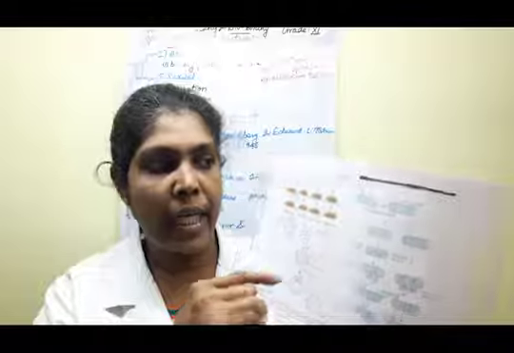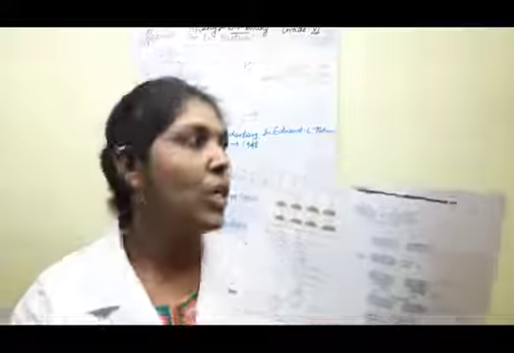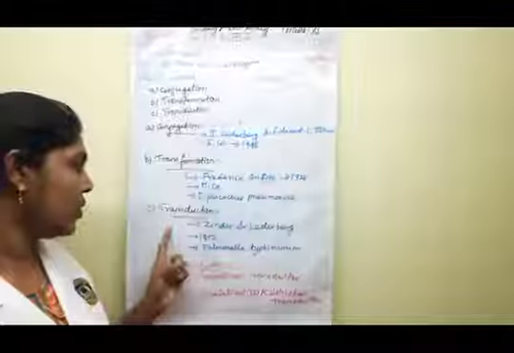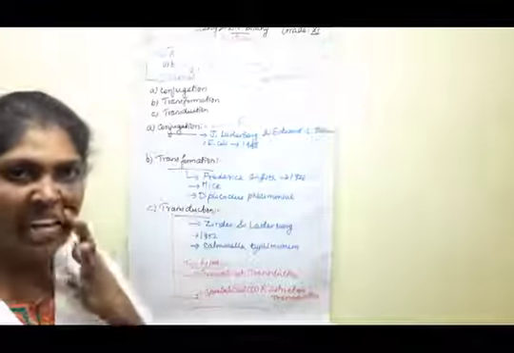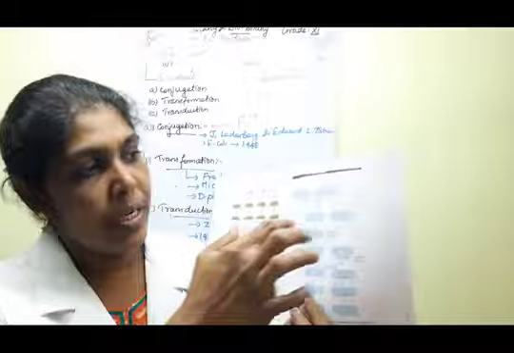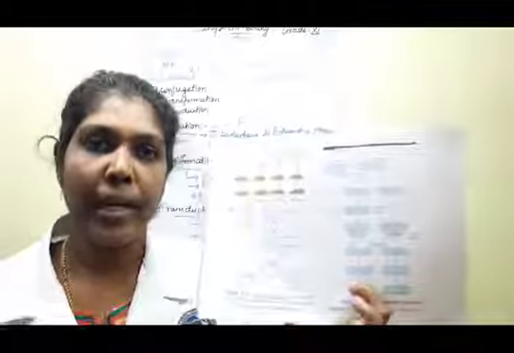Clear? These are the two types of transduction: the first is generalized transduction and the other is specialized transduction. A detailed diagram is also given. First the generalized transduction and then the specialized transduction. Clear? Yes, very good.